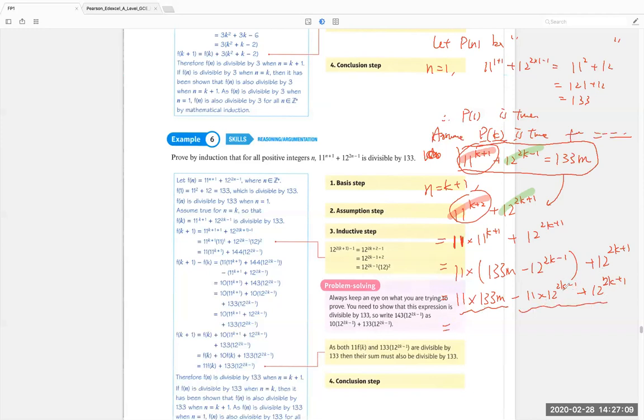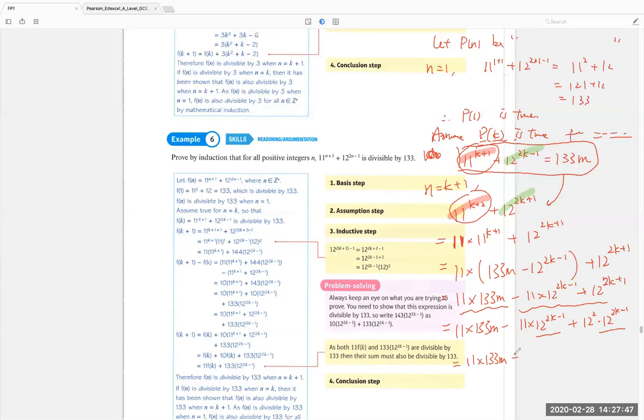Just like in your mathematics, make a common factor. They all have the common factor 12 to the power 2k minus 1. So I take out 12 to the power 2 so that they have the same common factor.